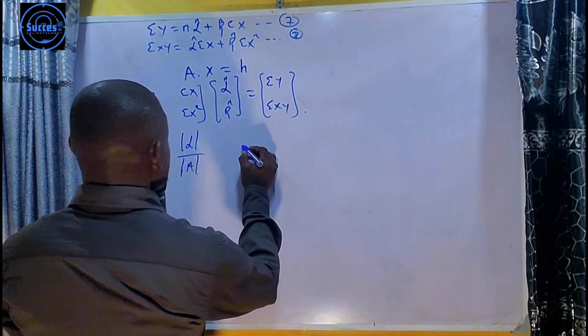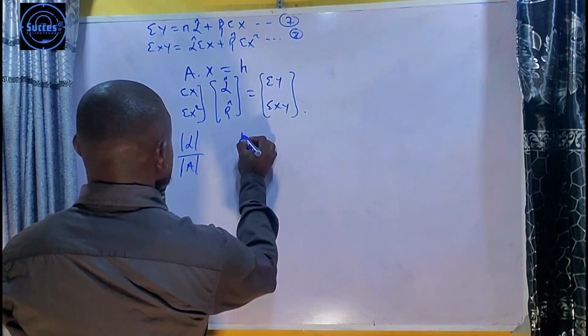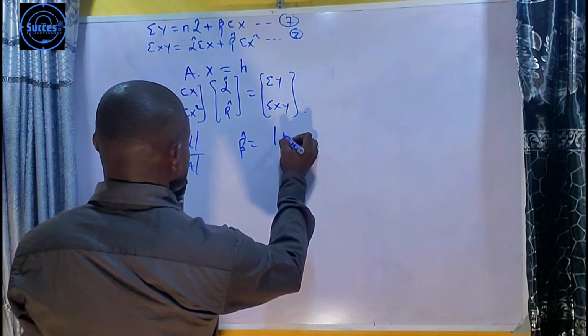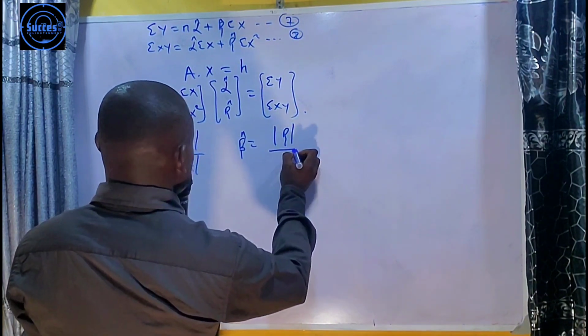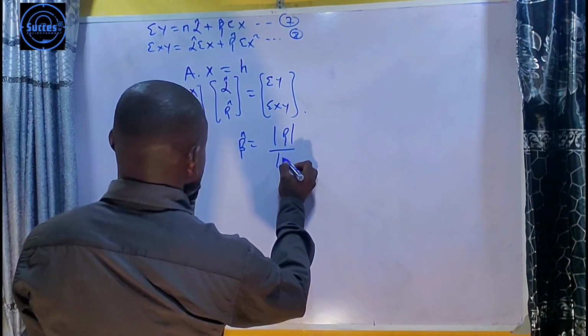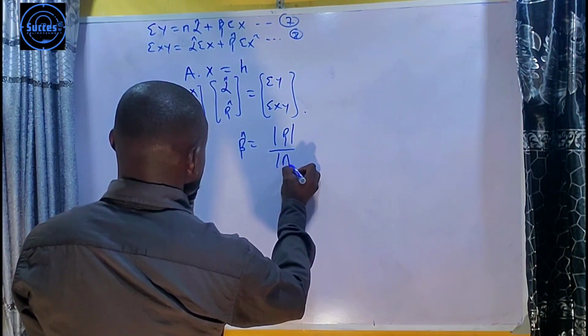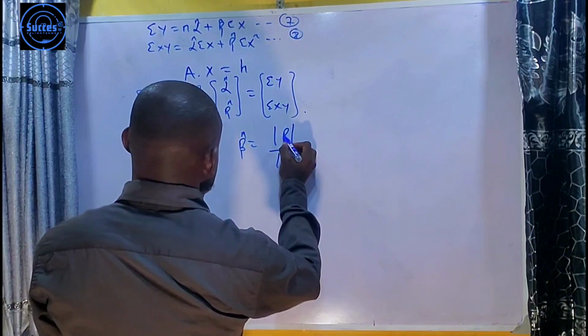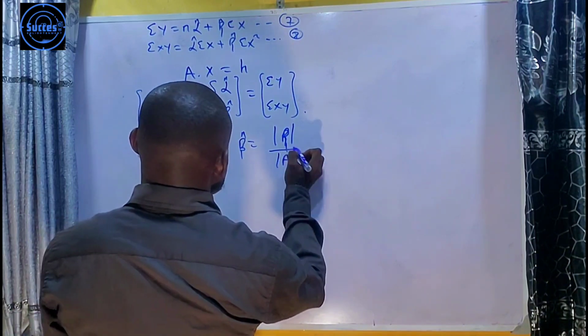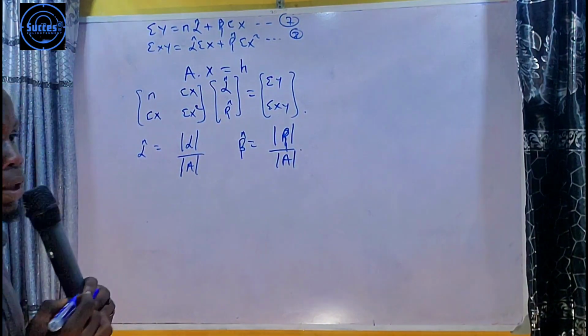Our beta cap will be the determinant of beta over the general determinant. So this is how you find that.